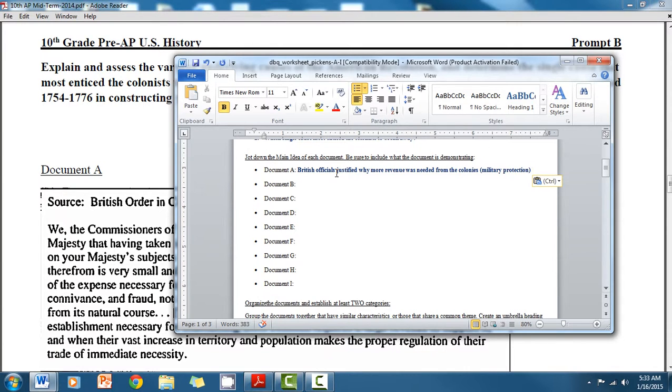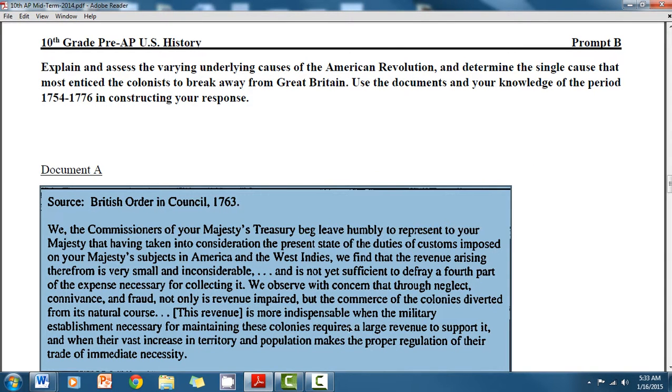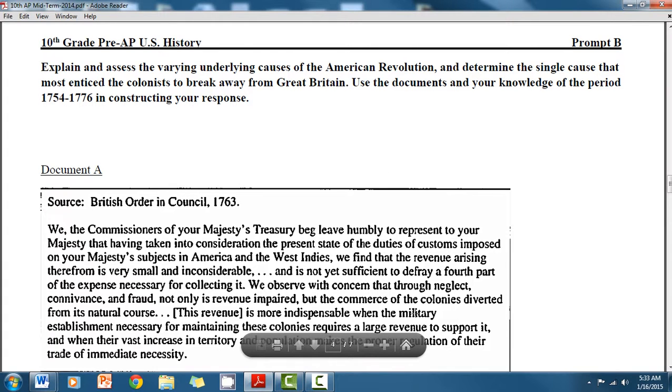Document A: British officials justified why more revenue was needed from the colonies. And I put in parentheses military protection, because that's what was referenced here in the document, when the military establishment necessary for maintaining these colonies requires a large revenue to support it.